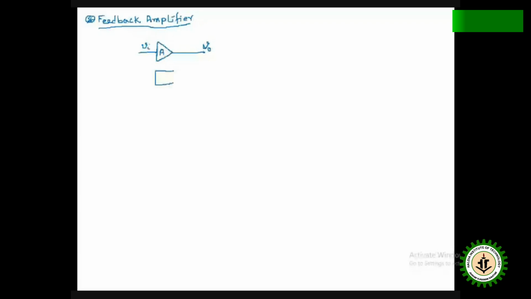which consists of a resistor. That is called beta, the gain of this circuit. The input of this feedback circuit is V0, and the output of this circuit is Vf.